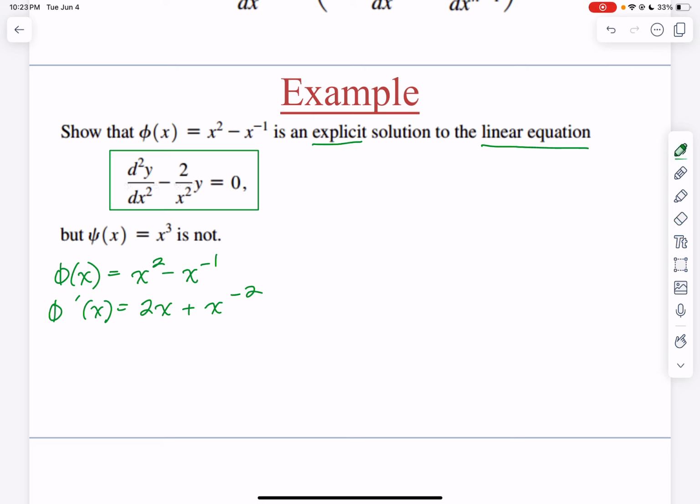And then, of course, we need to get to the second derivative, and that's going to be equal to 2 minus 2x to the negative 3. All of these are defined when x is not equal to 0. And of course you can see here x not equal to 0.